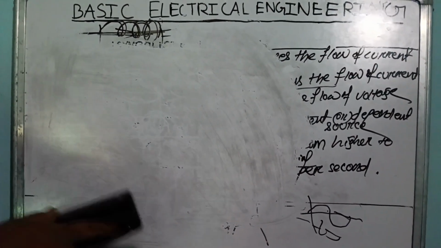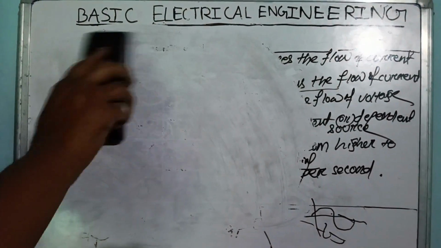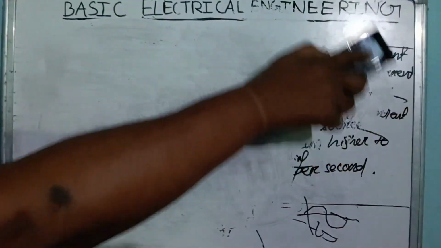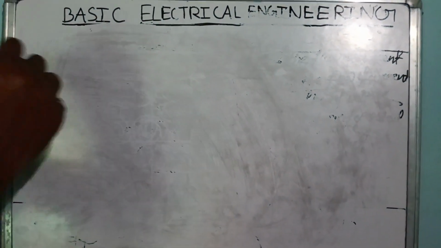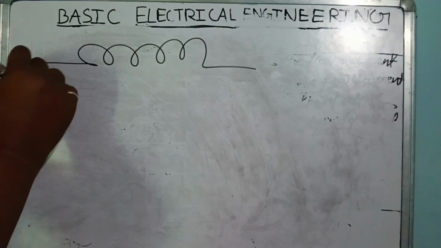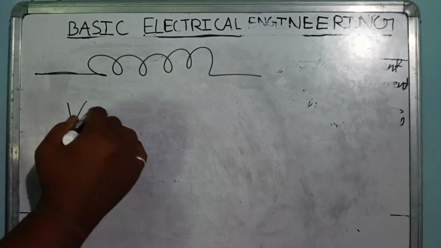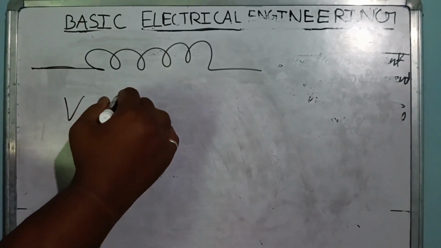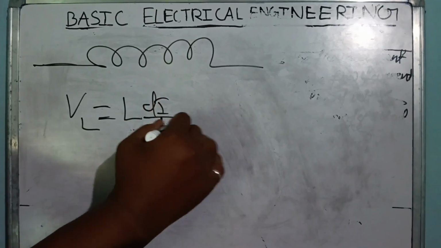Next, the capacitance. There is an interesting thing I am going to explain to you about inductance and capacitance. So this is the inductance of the circuit, and the voltage across this inductance is written as L di by dt.